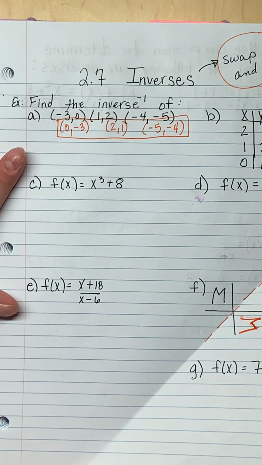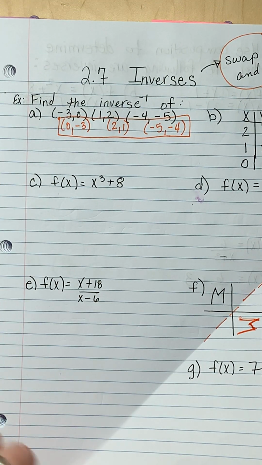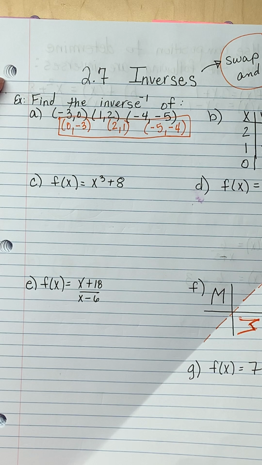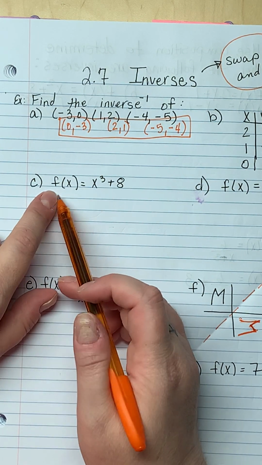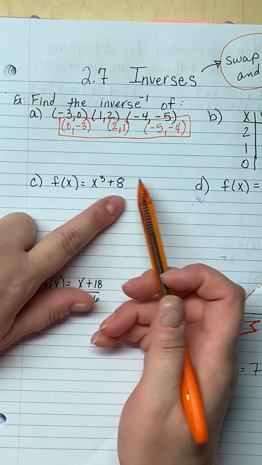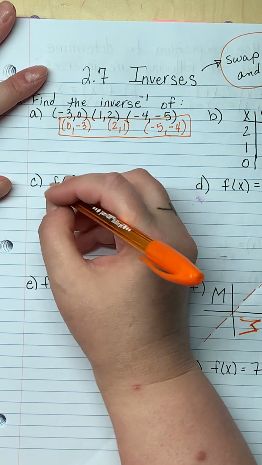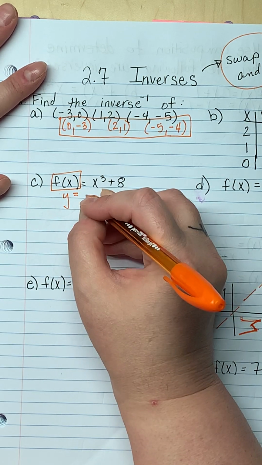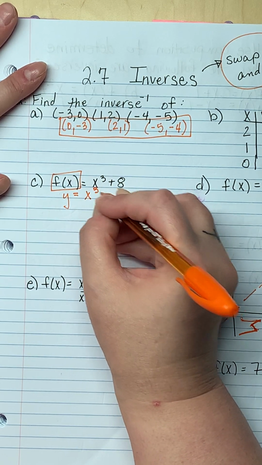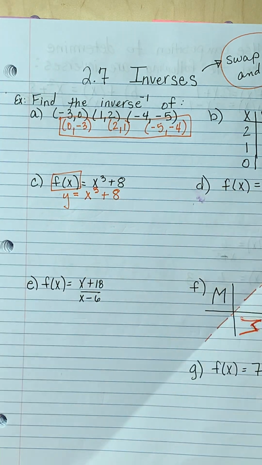Okay, let's look at these equations. For the equations, we still swap x and y, but first, we don't even have a y on my paper. I have f of x equals x to the third plus 8. So we know that f of x is the letter y. So this is y equals x to the third plus 8.